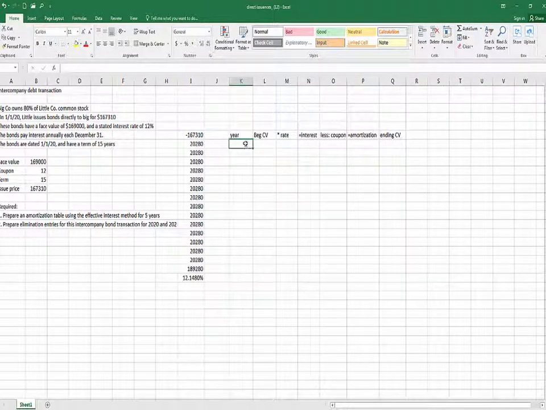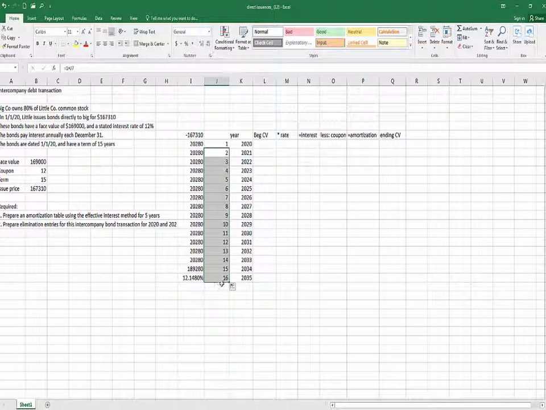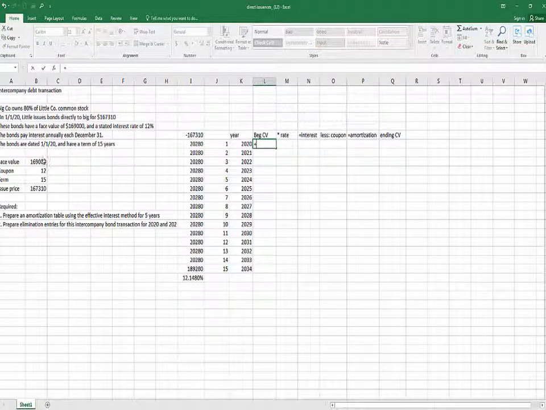Okay, so 2020, our first year. In fact, I'm going to do an amortization table for the full 15 years. So there's our 15 years. Beginning carrying value, the amount they were issued for, $167,310.